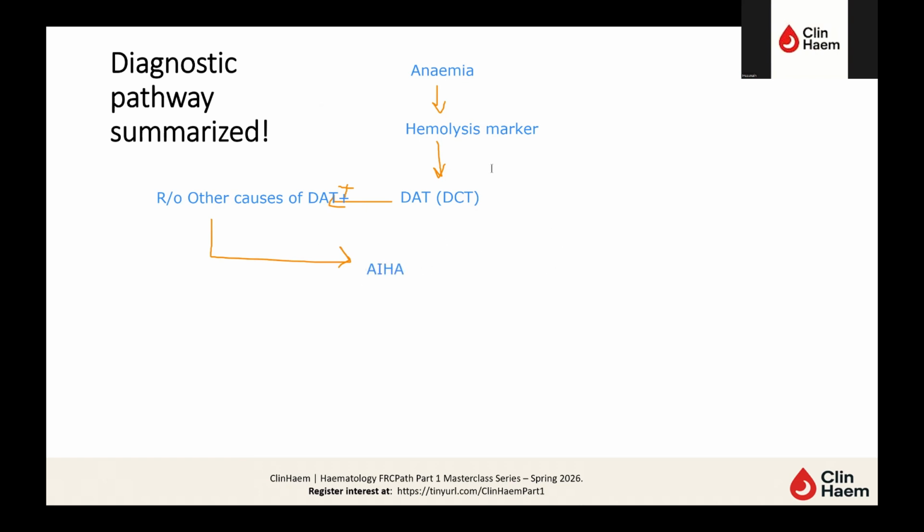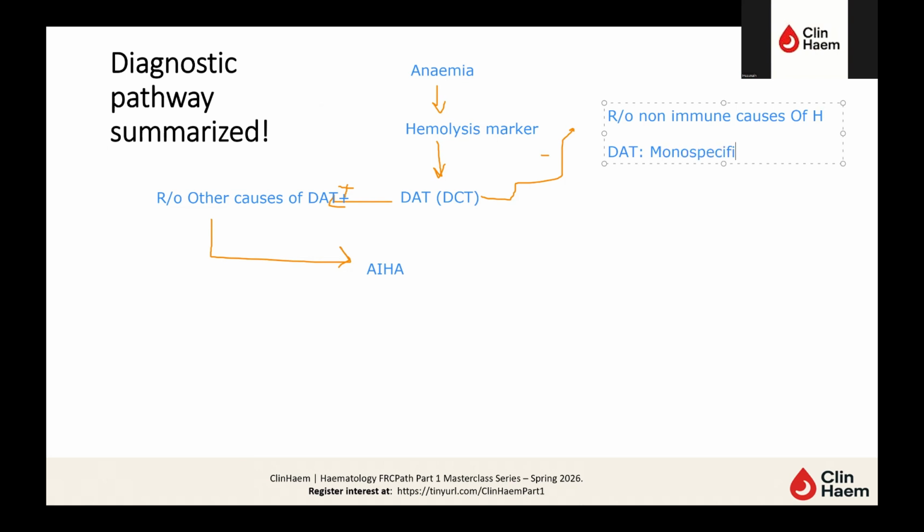But if the DAT is negative, then this looks like it is not immune, so number one, you want to rule out non-immune causes of hemolysis, but you also want to do, side by side, a monospecific DAT this time.